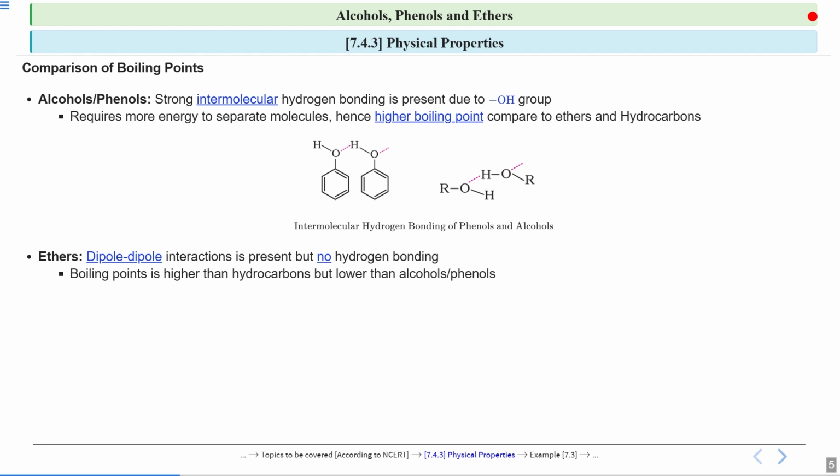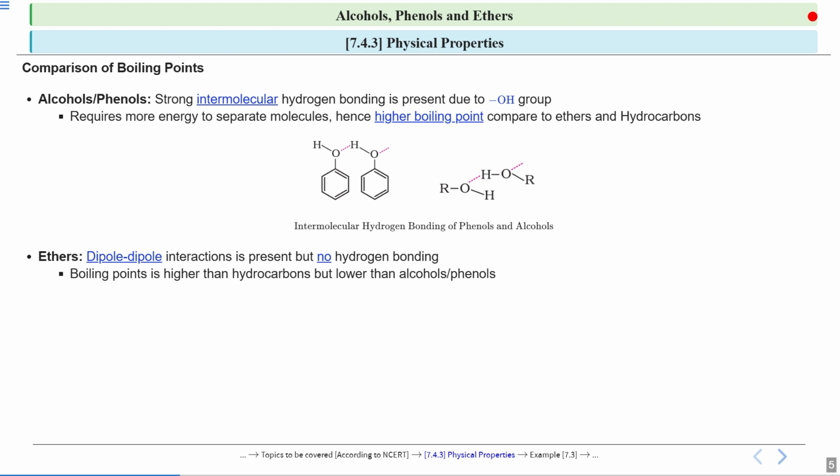So the boiling point in the case of ether is higher than the hydrocarbons, but it is lower than alcohols and phenols. So the boiling point of ether is less than alcohols and phenols because the dipole-dipole interactions are weaker than the hydrogen bonding. So you have to provide less energy for the molecules to separate and hence the boiling point will be less.